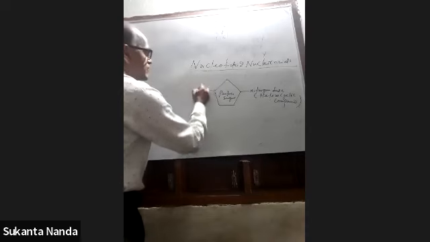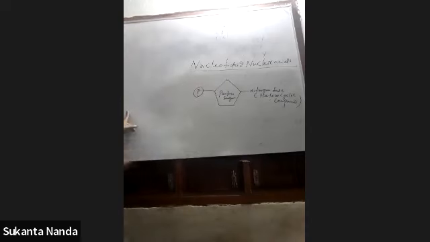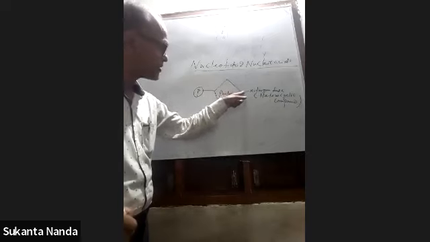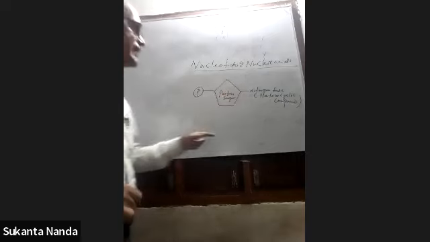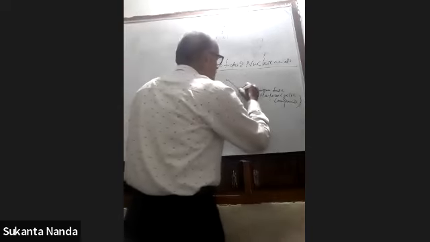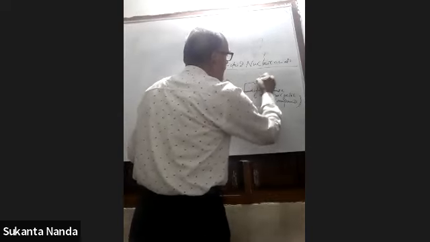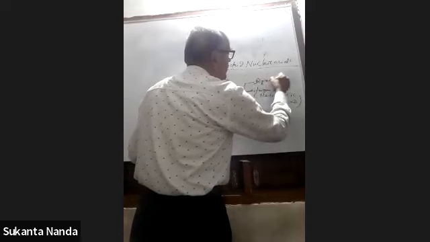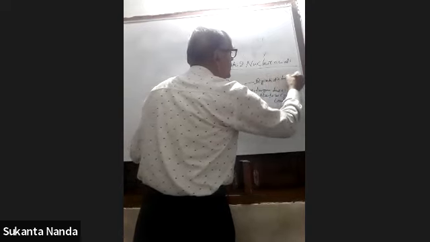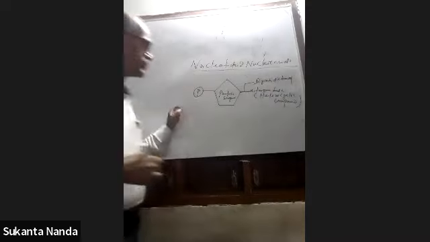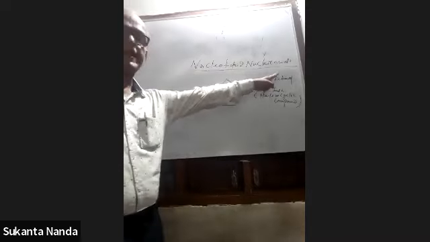Here is that phosphoric acid. And you see that here is the pentose sugar. The pentose sugar is attached to the nitrogen base by which type of bond? This is called a glycosidic bond.